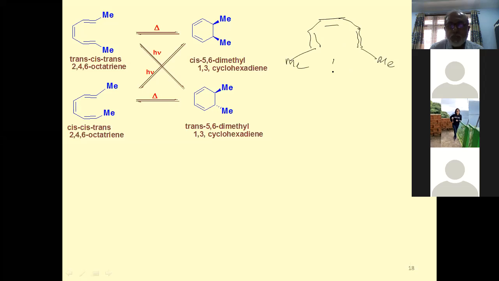Now, if you are doing it in thermal condition, the number of pi bonds is odd, right? So what rule will apply? TOD. The reaction is thermal, it is odd. So the rotation has to be what? This rotation. So we have to write here this.